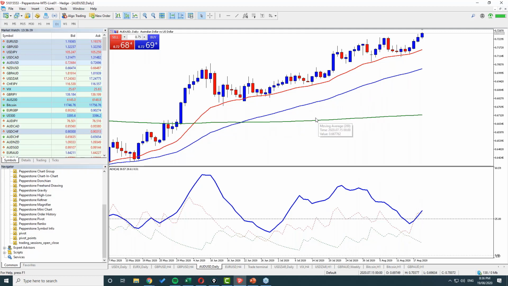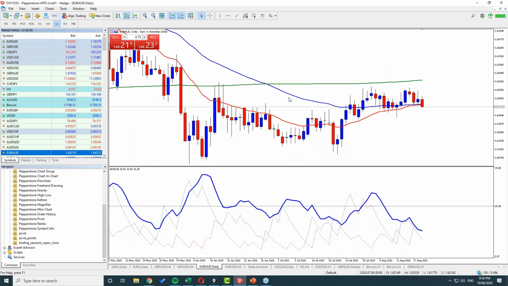As an example, if you're looking at the Euro-Aussie, obviously, if the euro is going up, the euro is going to be stronger than the Aussie. So if the Euro USD has an ADX going up above 25 and looking like it's really starting to shoot up, and the Aussie USD has an ADX that's dropped below 25 and is starting to look down, you're getting a bit of a clue there.